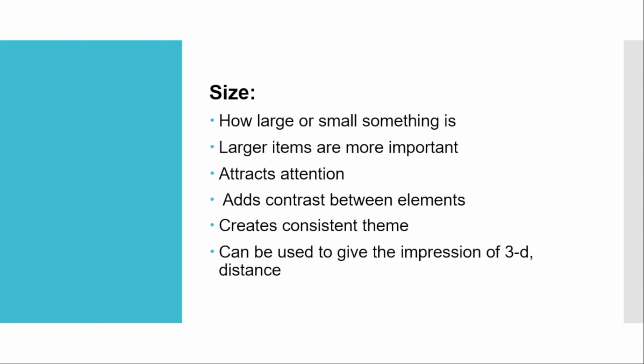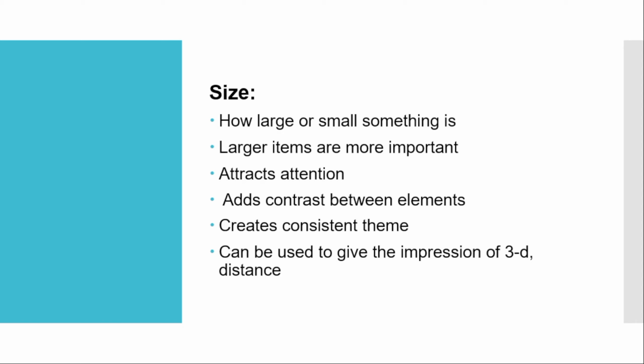One good element of graphic design is size. How large or small something is. Large items are more important and attract attention. It adds contrast between elements, creates consistency, and can be used to give the impression of 3D or distance.